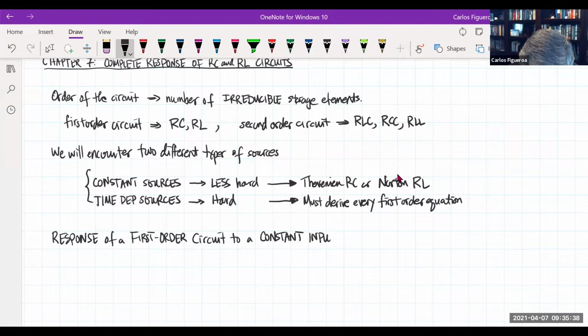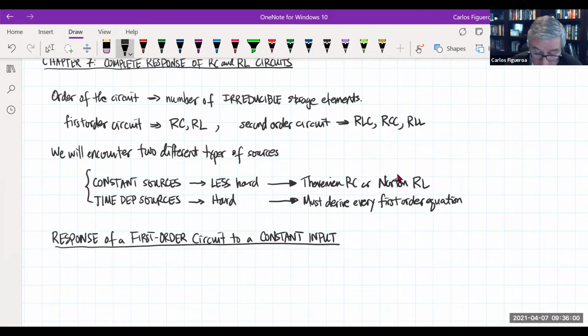And the constant input is what? It's a constant source. And so what you're going to see here is that I'm going to tackle the RC circuit first, and then I'm going to go immediately to the RL circuit.